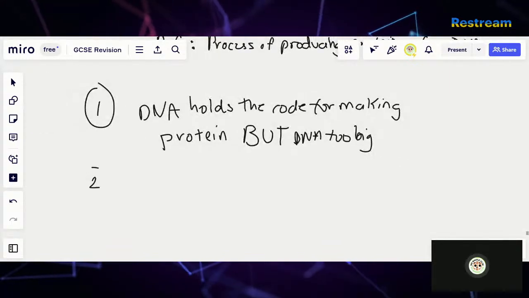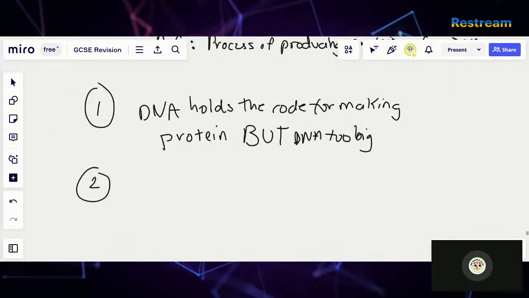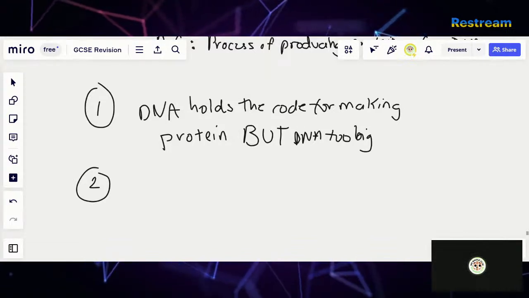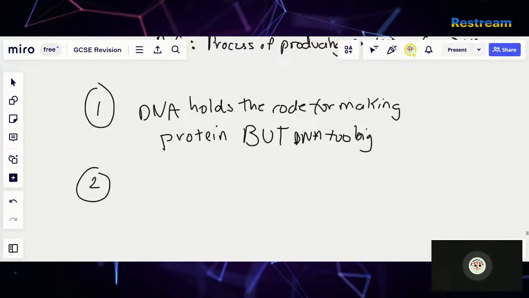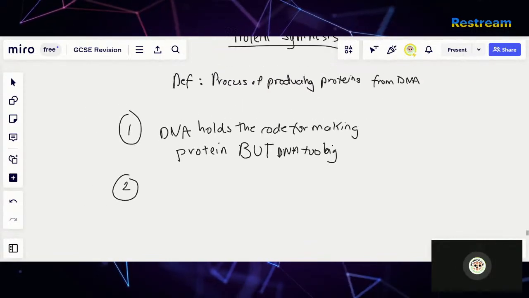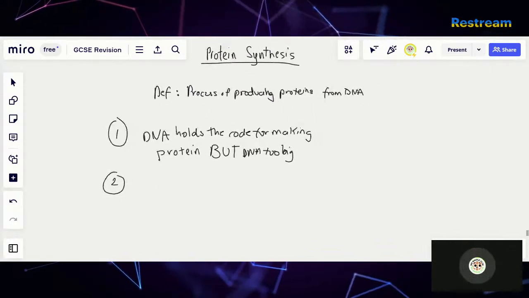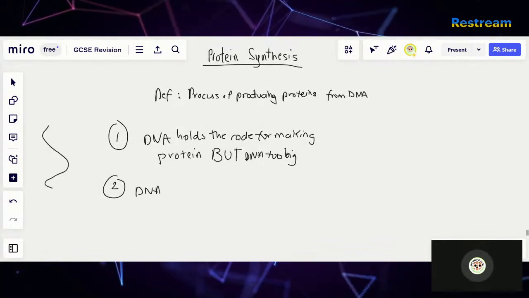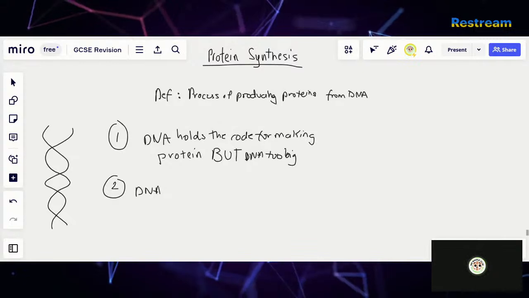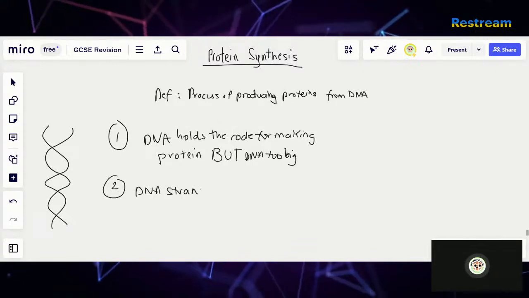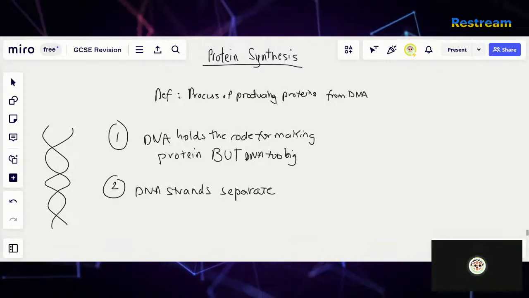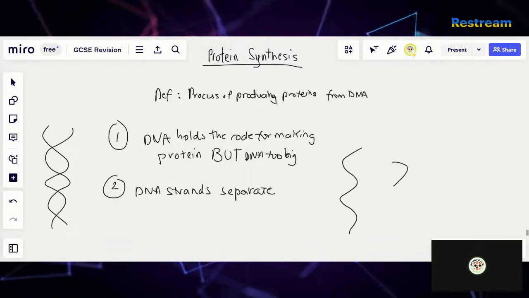So that leads us onto our second point. We have this molecule called the mRNA molecule, and the mRNA molecule acts as a savior. So what happens is the DNA strands, because as we know, the DNA forms this double helix structure, the DNA strands separate into two strands like this.